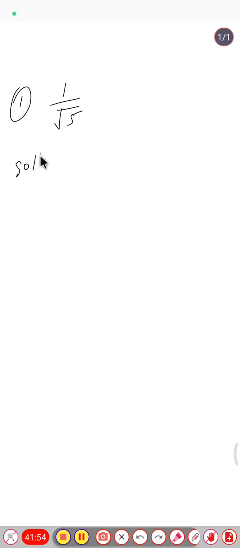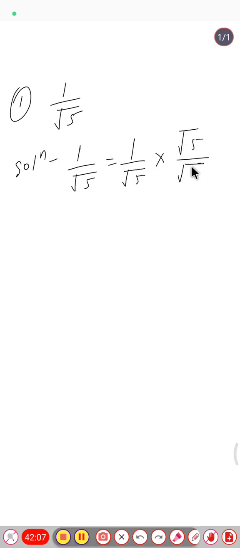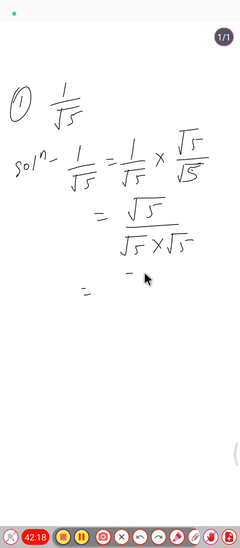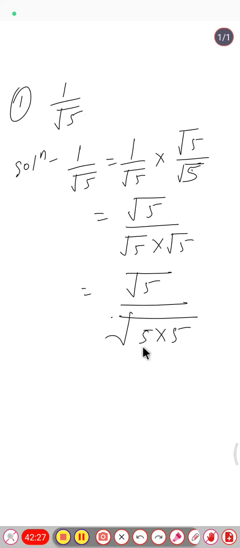In the solution, we write it as it is, equal to 1 upon root 5 into root 5 upon root 5. 1 into root 5 becomes root 5, and root 5 into root 5 is 5 into 5, so it becomes root 5 upon root 25.